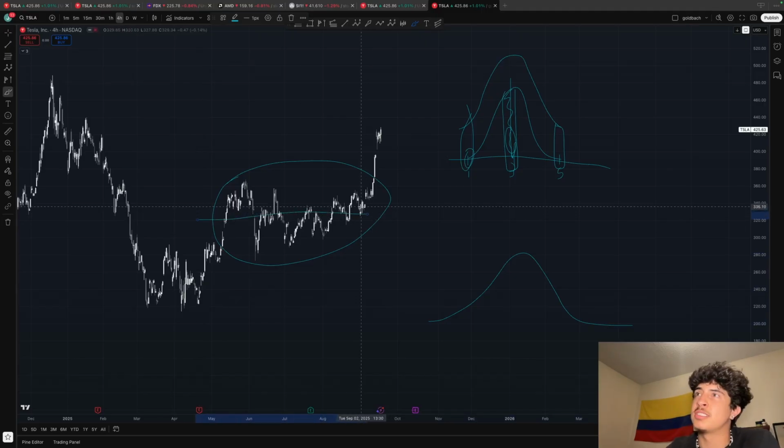So let's just say 330, okay? Your average price is 330, okay? And your tail ends are going to be here, so 365, that's your tail. These are your tail ends in this range, right? And what is your tail risk on the other side?